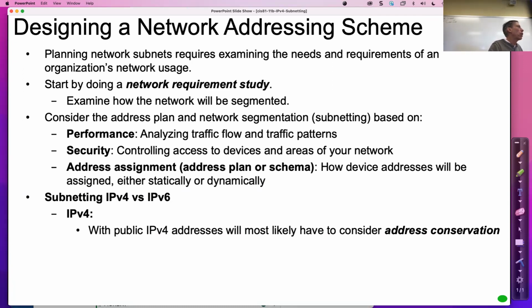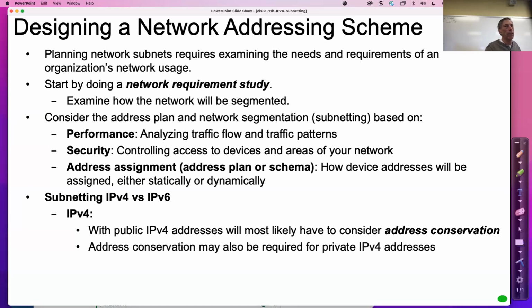How do I best divide that up? Now, you will have some private addresses, which is less of a concern. But in some major organizations, at the ISP level or major companies like FedEx, Walmart, Facebook, Google, the number of private addresses is not enough anymore.